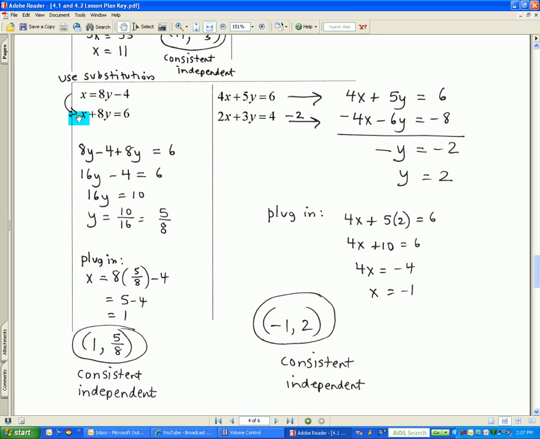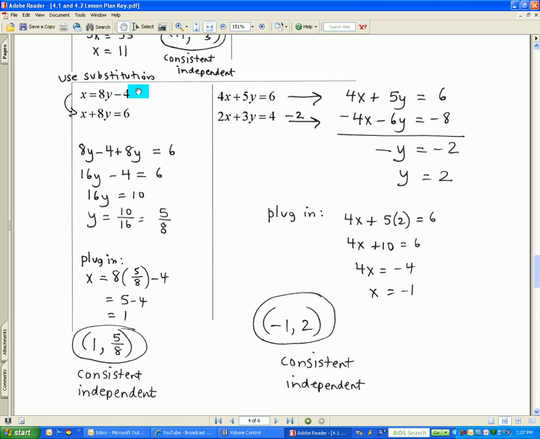I go to the bottom equation, and where I see x, I put in 8y minus 4 plus 8y equals 6. Collect like terms. 16y minus 4 is 6. 16y equals 10 when I add 4 to both sides. Divide both sides by 16, therefore y is equal to 5/8.